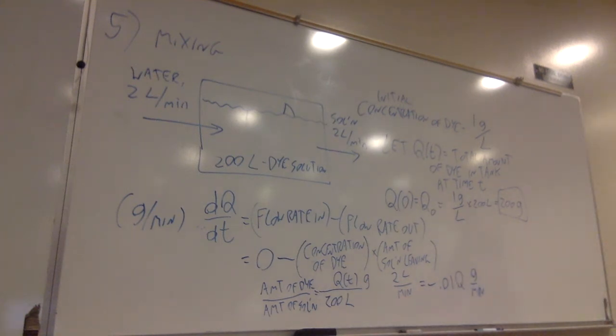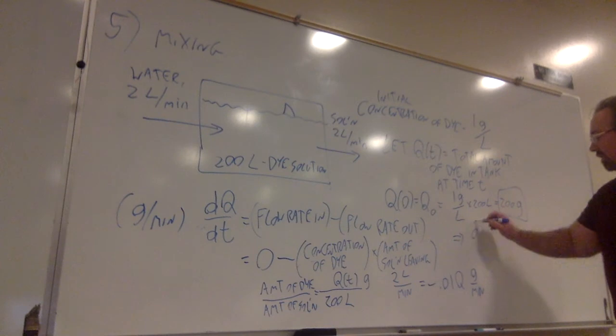So that is how much the dye is decreasing per unit of time. So 1% of the total amount of dye still in the tank is leaving per minute.